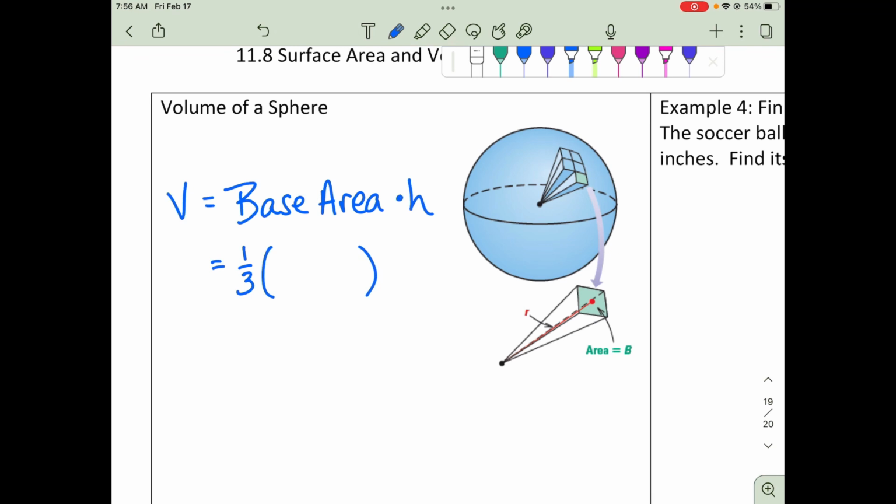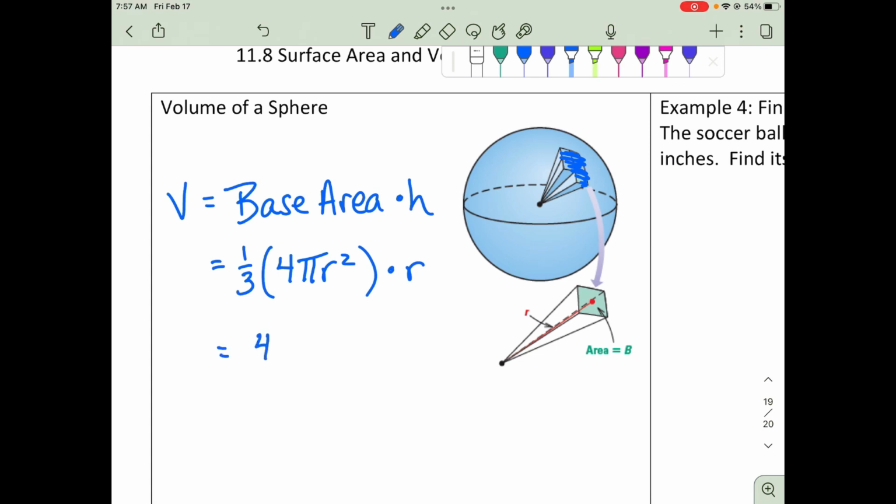And then the base area of a pyramid, if you can see, the bases of each pyramid are going to be the surface of the sphere. And we found the surface area of the sphere to be 4 pi r squared. And then times the height of the pyramid, and the height of the pyramid is the radius. So hopefully you can see where the 1/3 and the 4 are coming from.